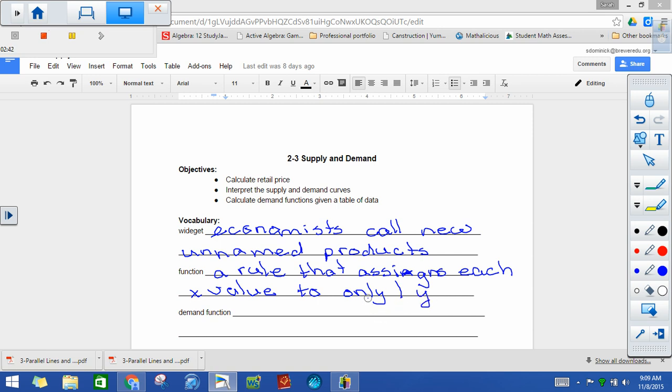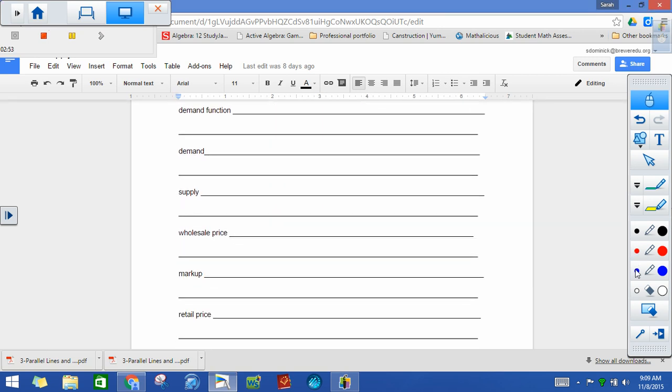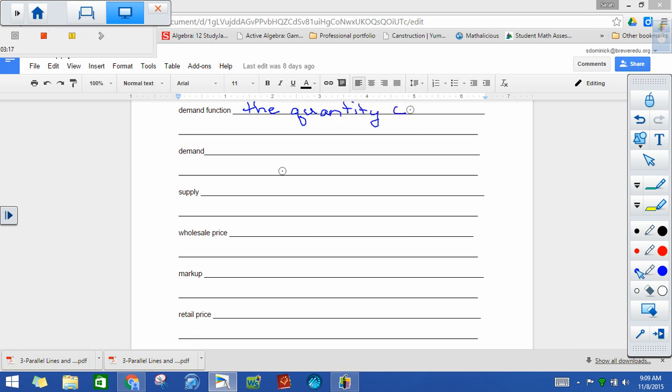Alright, so for a demand function, I'm going to get rid of this stuff so we have more space. Alright, a demand function. You just learned what a function was. So a demand function is the quantity consumers want. Quantity is how many consumers, the people buying it, want.